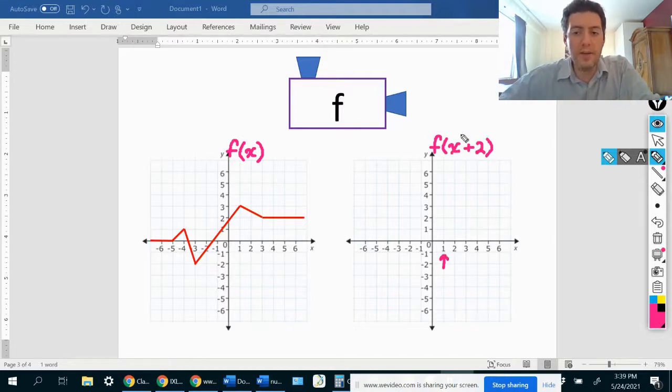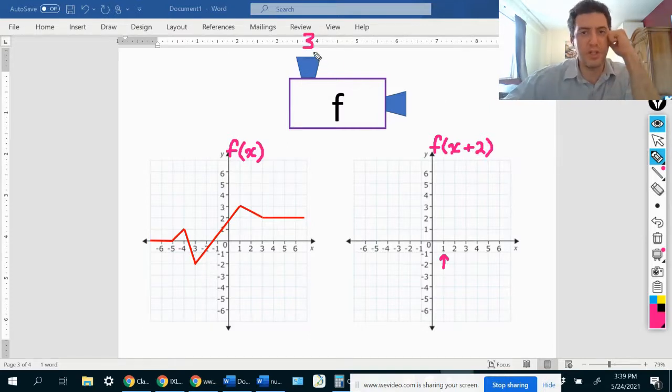So 1 plus 2 is 3. So I'm actually going to put the number 3 into the function machine and see what comes out of it. Now I know from this graph over here that if I put 3 into the function machine, then I'm going to get 2 as a result. So that's how I'm going to graph it over here.